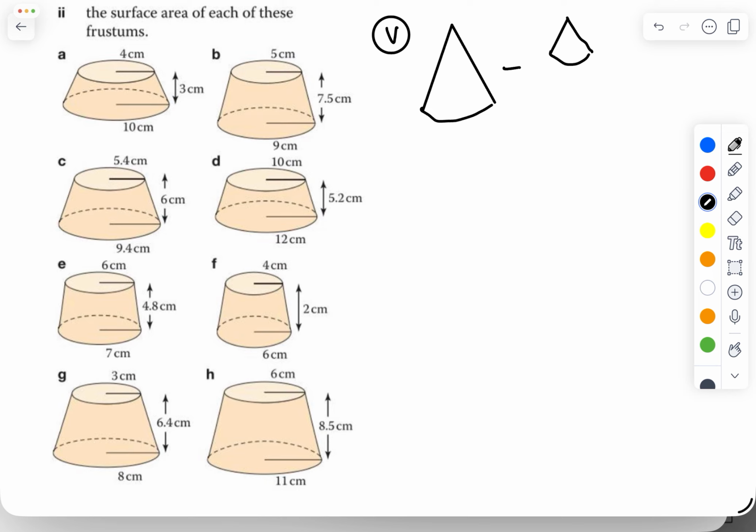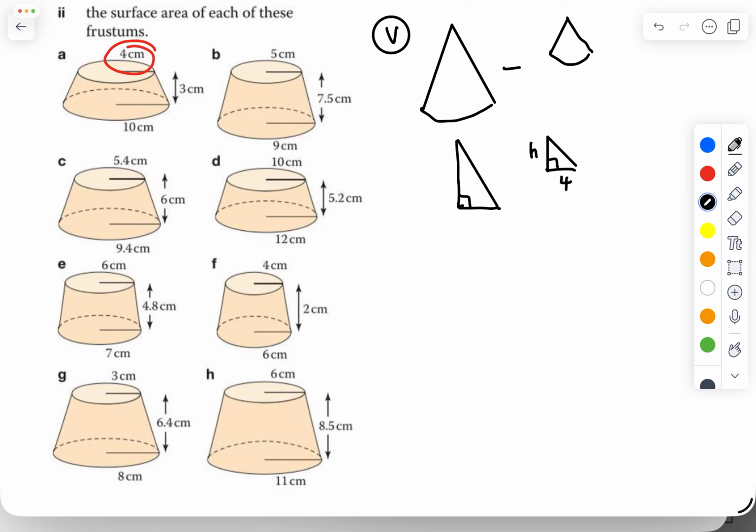Right, so we use similar triangles for this. We are going to draw the big triangle, which would be for our big cone, and then we're going to draw the small triangle, which is for our small cone. And obviously they're both right angle triangles. Okay, so we know that the one that's been cut off is our height. That's the thing we don't know, but we know that the base would be 4 because that would sit on top of the frustum.